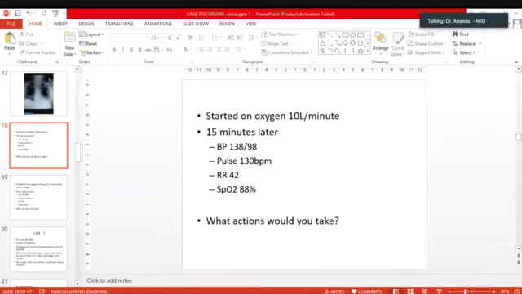So it's important, and at the same time, if we are increasing it to 15 liters, then of course face mask will not be adequate. Face mask is not adequate, then you may have to go for NRBM, right?